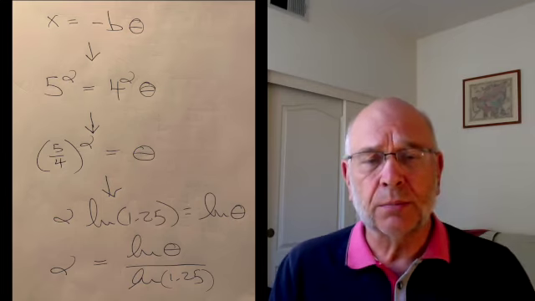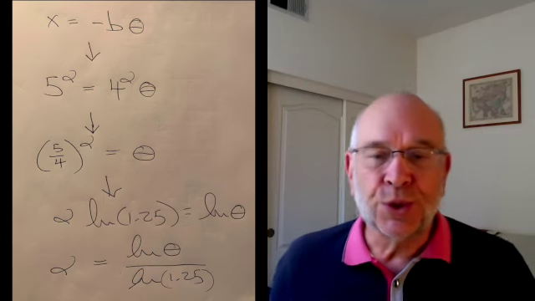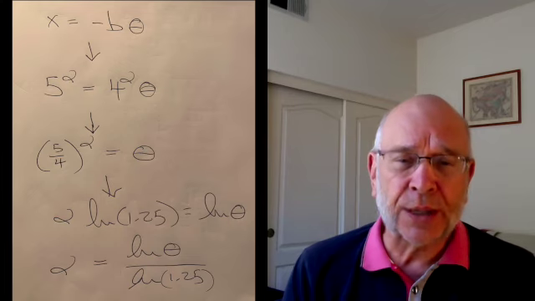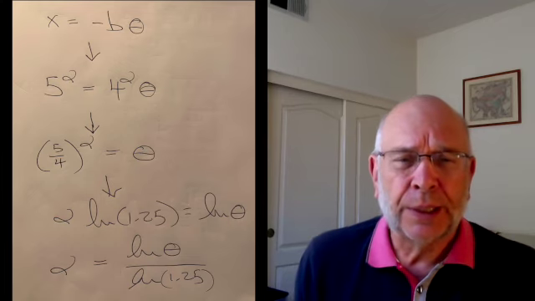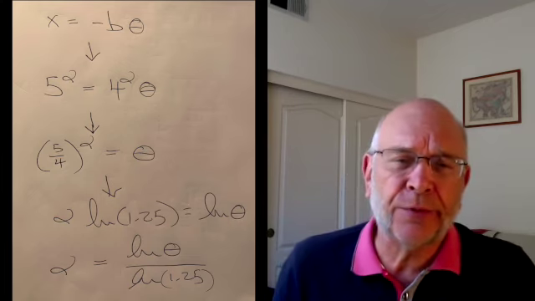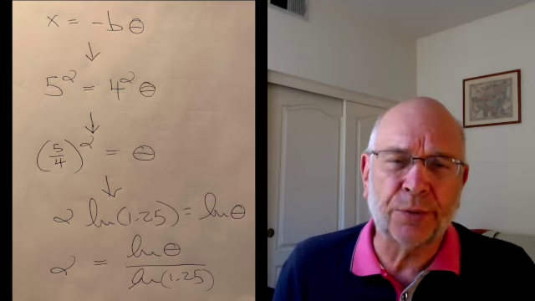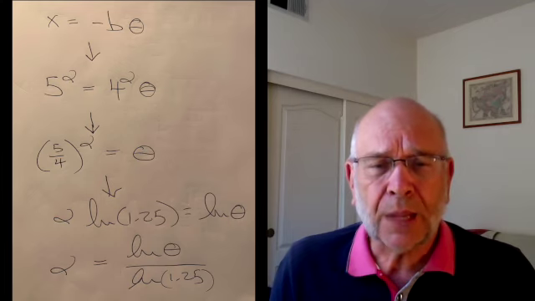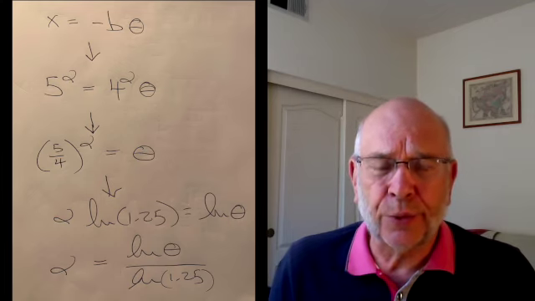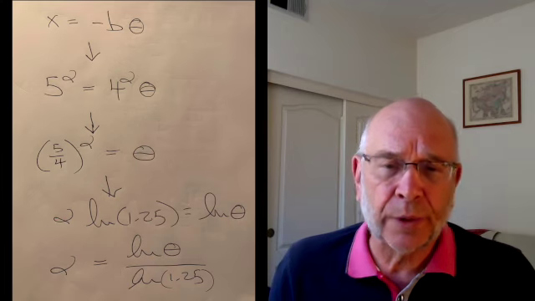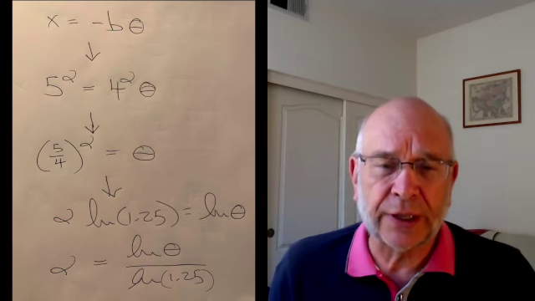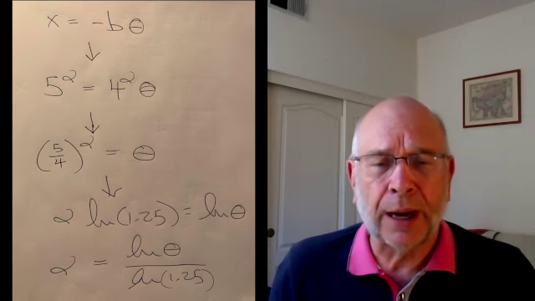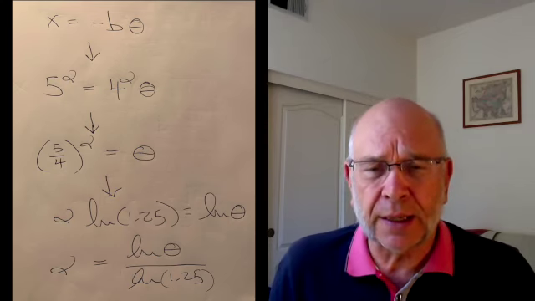Now we can start substituting back to the elements of the original equation, because remember, we want to solve for alpha. So we have that 5 raised to the power alpha is equal to 4 raised to the power alpha times theta. If we divide both sides by 4 raised to the power alpha, that gives us on the left-hand side 5/4, or 1.25, raised to the power alpha, and that's equal to theta.